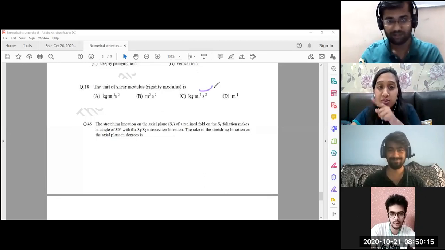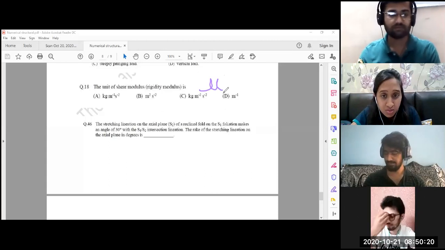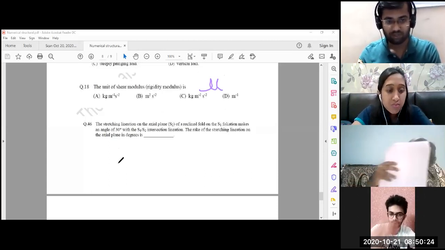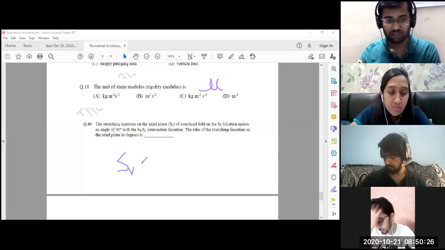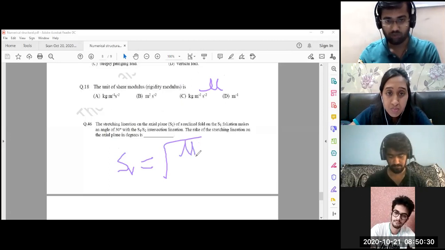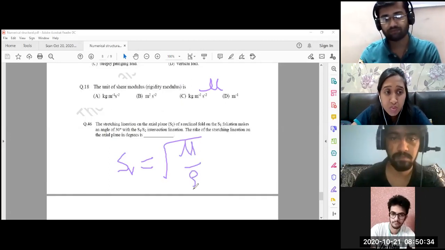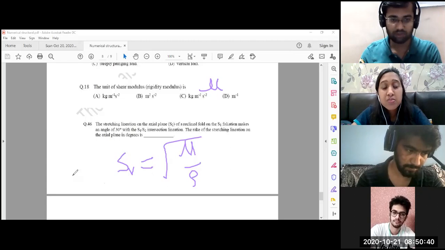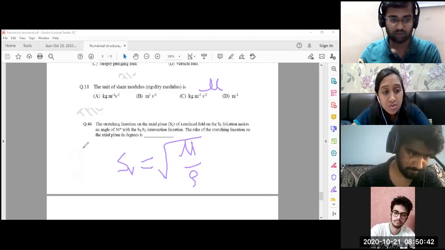Mu. K is your bulk modulus. In an S wave, your S wave velocity is given by the square root of mu upon rho. If you square this, considering both sides, removing the square root, what will we get?